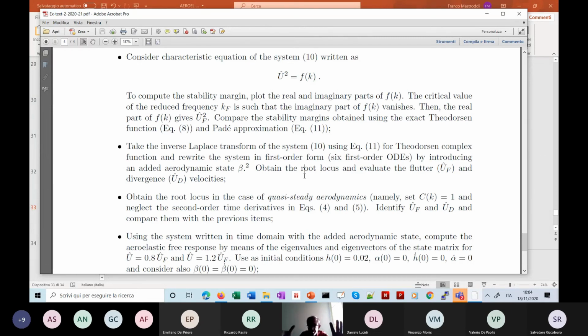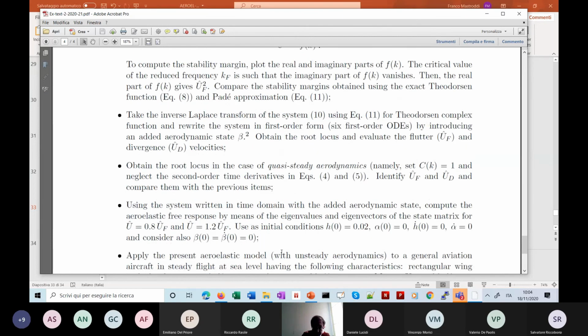Sixth order. Okay? So you should have a unique first order system of six equations in six state parameters. And for this system, you can study again the stability in a standard way, just considering the eigenvalues and eigenvectors of your new state space matrix.